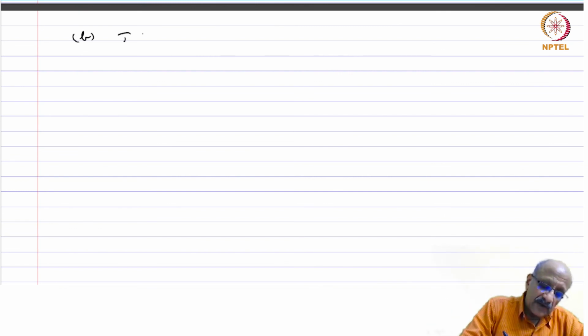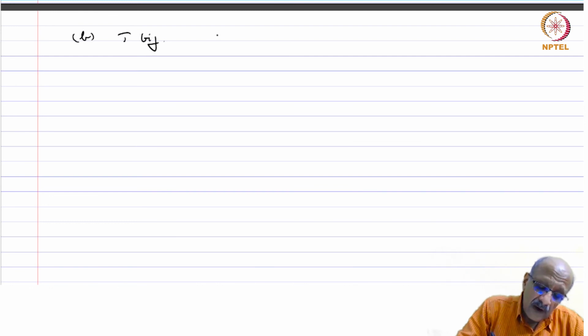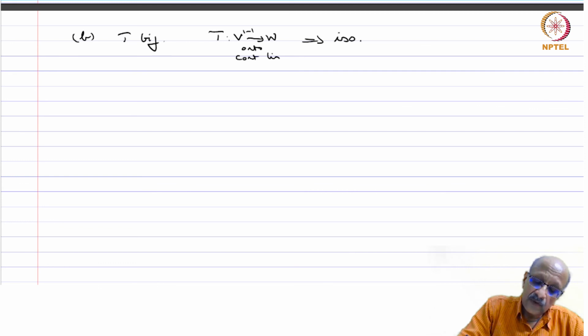Conversely, if T is a bijection, then you have T from V to W, one-one, onto, continuous and linear. So by the open mapping theorem this is an isomorphism.